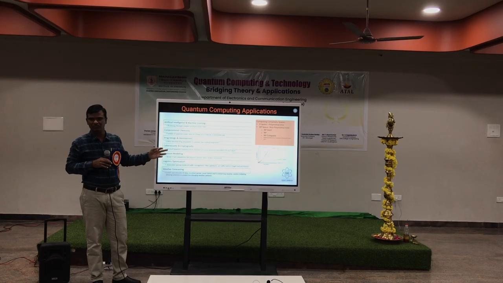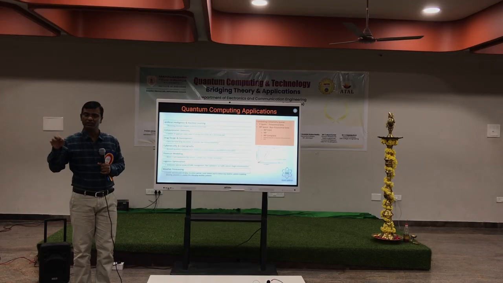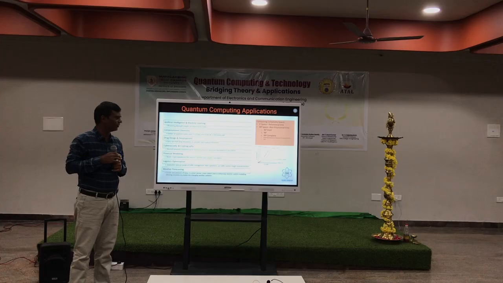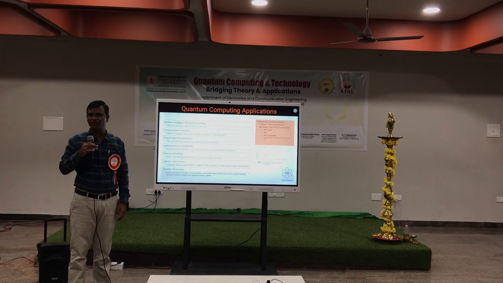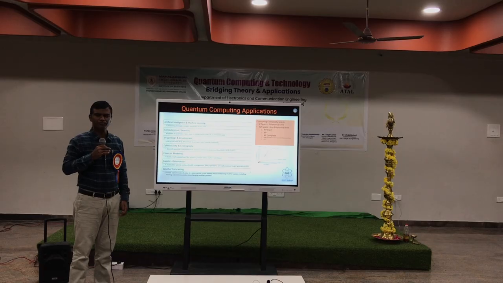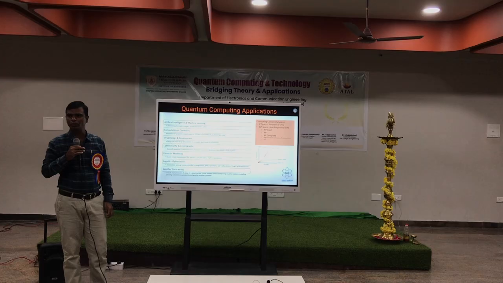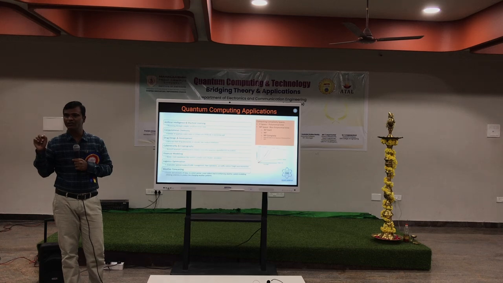Financial modeling. As I told you, it is not only related to quantum, it can be applied in any field, and one of those fields is financial modeling. JP Morgan and Wells Fargo are two major banks in the US.